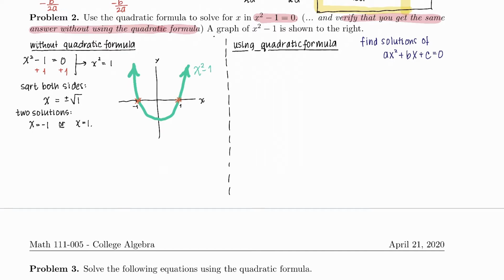So my process for using the quadratic formula is I'm going to go through my equation and try to figure out what a, b, and c are equal to.